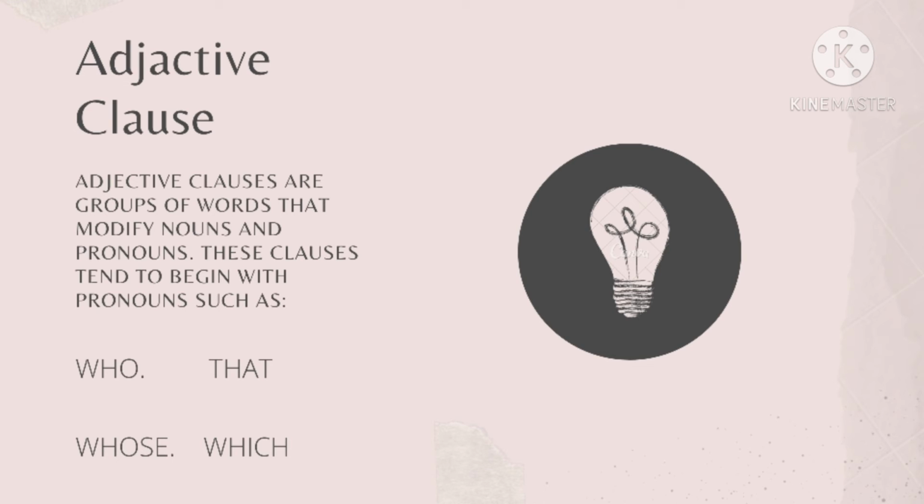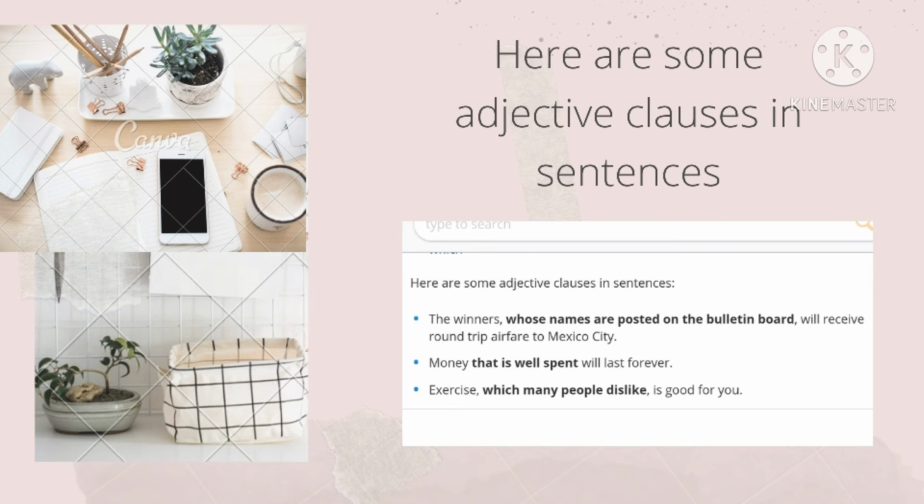And the next is adjective clause. Adjective clauses are a group of words that modify nouns and pronouns. This clause tends to begin with pronouns such as who, that, whose, and which. Here are some adjective clauses in sentences. Number 1: the winner whose name is posted on the bulletin board will receive round-trip airfare to Mexico City.